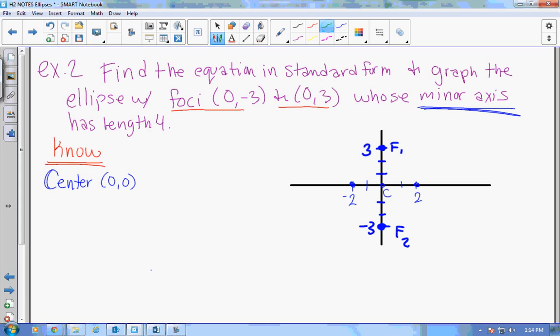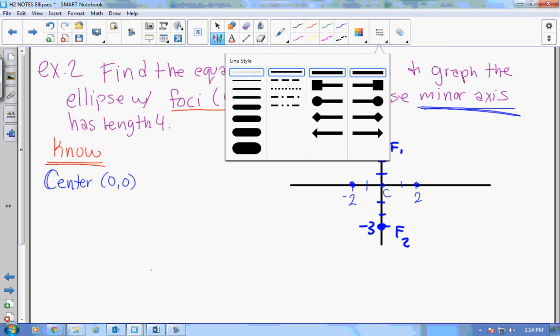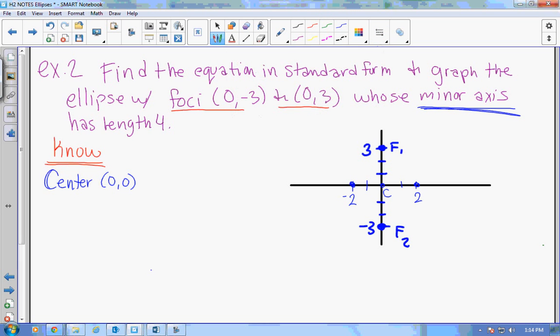I need some colors. You guys have those colored pencils on your desk? Why don't you pick like 2 colors and pass them down, because there's a lot of stuff here. From here to here, that's our minor axis. And with our minor axis, the semi-minor would be length 2.